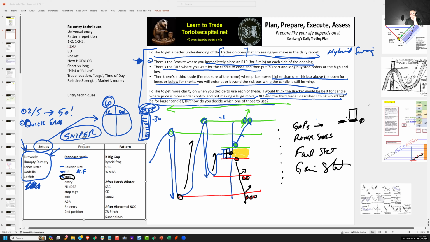And then there is the gap stat to the upside, and then the gap stat to the downside. And these are normal sized gaps, and that predicts a normal sized follow through. But I know if it's above here, it's an abnormally large gap or an abnormally large gap in that direction. And both of those conditions create an expectation or an increased probability of a larger than normal follow through.